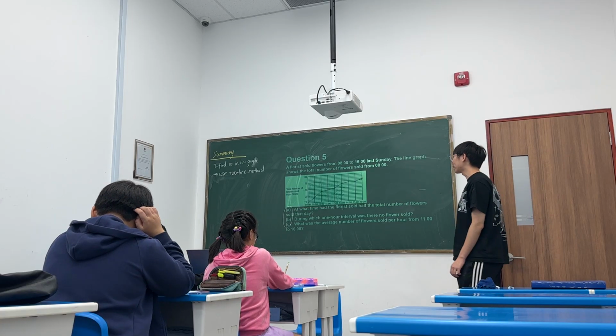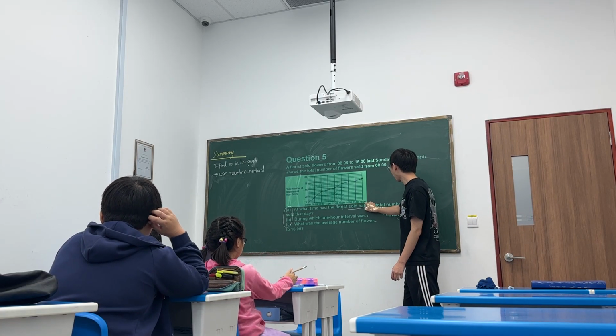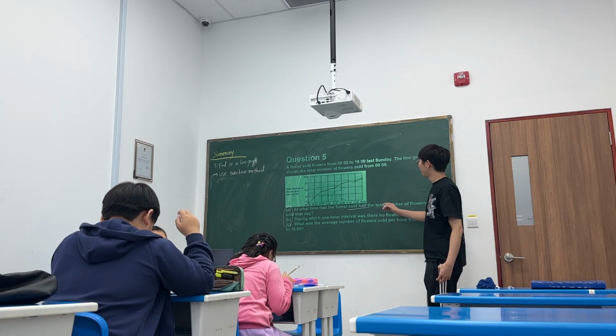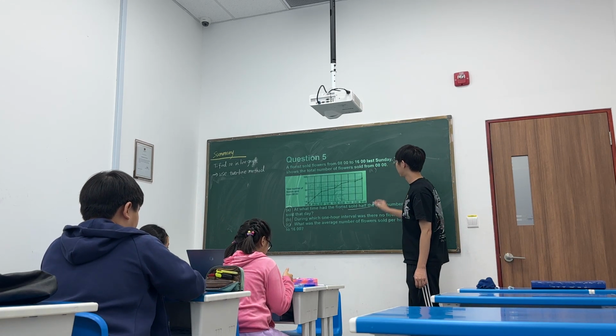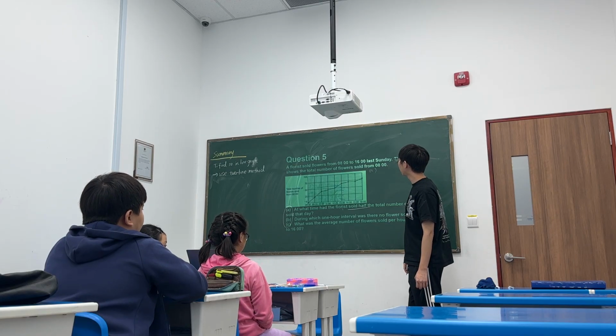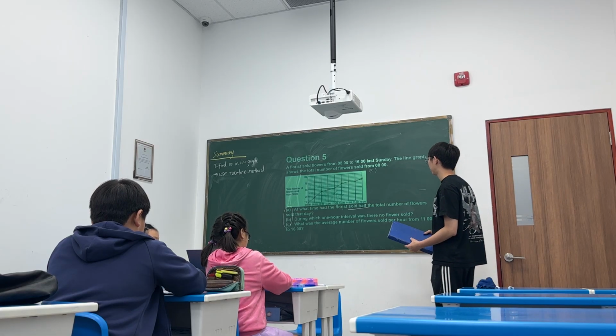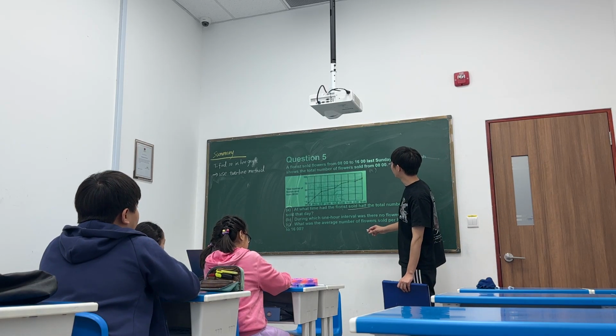Now question A, at what time had the flowers sold half of the total number of flowers sold that day? Lucy, at 12 o'clock? How do you get 12 o'clock? In total, he sold 100.